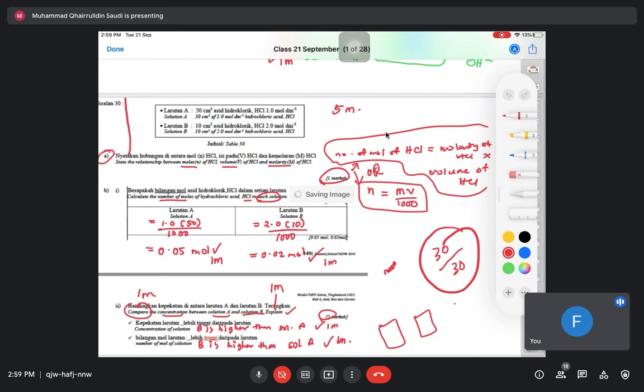No. Okay. So for next class we will continue with next subtopic iaitu standard solution. For standard solution subtopic, I will divide the subtopic into 2 class. So we will have 2 class for subtopic standard solution.